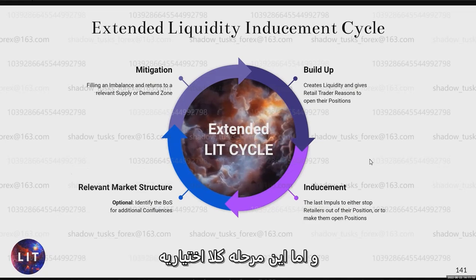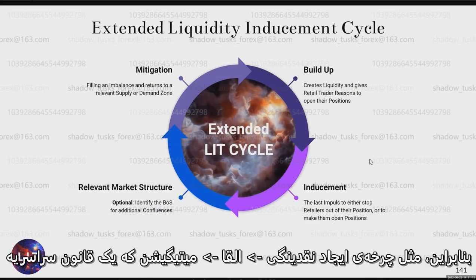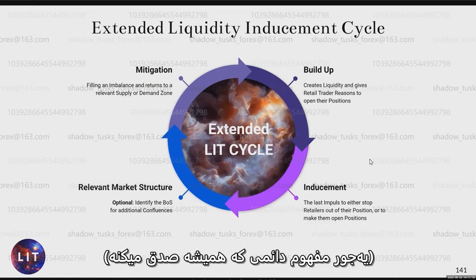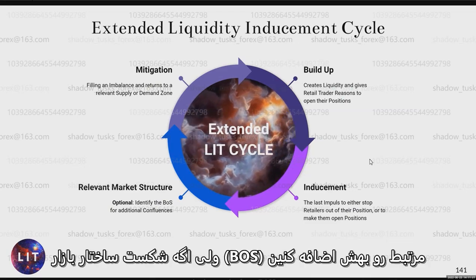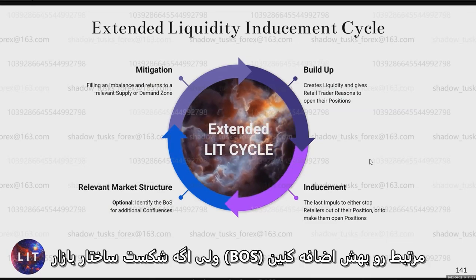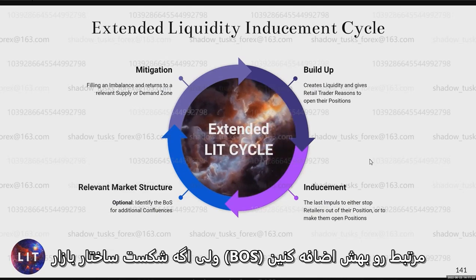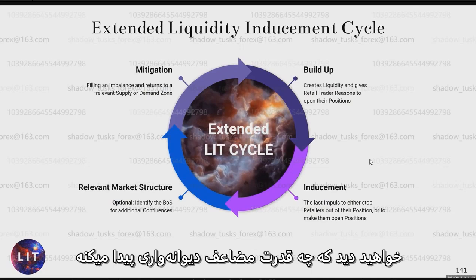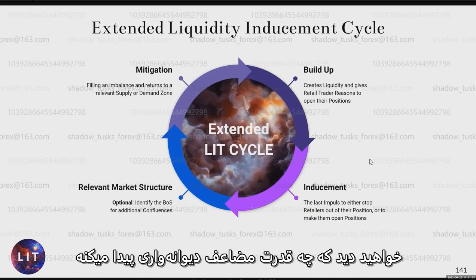Okay, so overall, of course, this step is optional. So like the build-up, inducement, mitigation cycle, that's a universal law, right? Like an evergreen concept, that's always the case. But if you add the relevant market structure or the BOS into it, you will see how insanely powerful it can be on top of it.